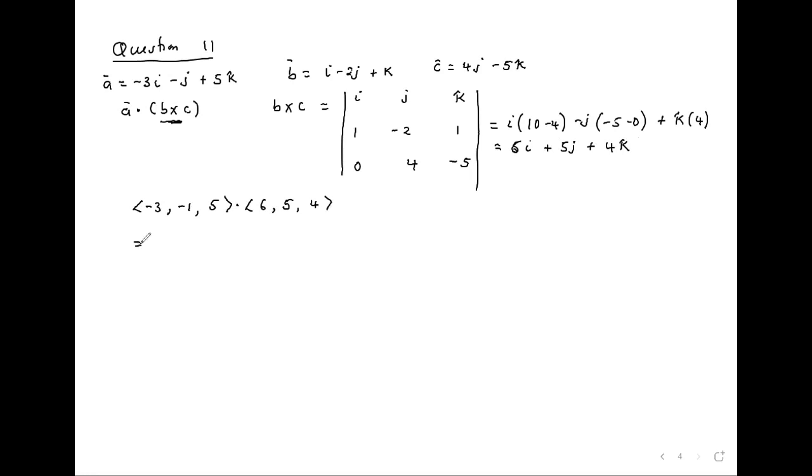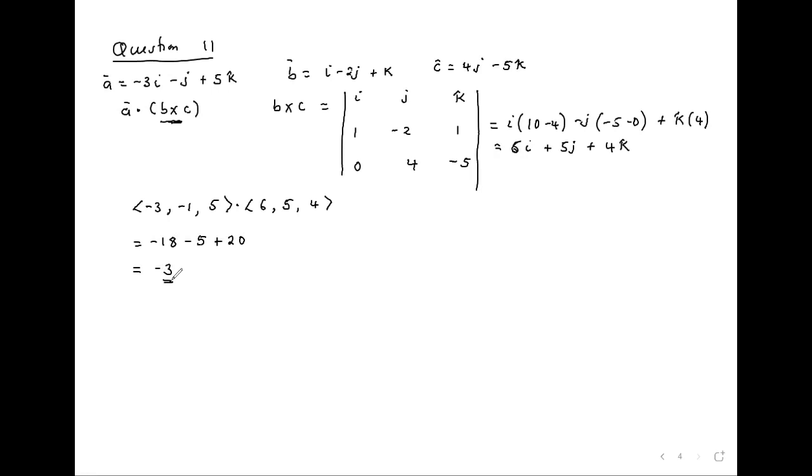This is equal to negative 18 minus 5 plus 20. This is 2 minus 5, which is negative 3. So it was just the dot product, and we leave the number as we found it.